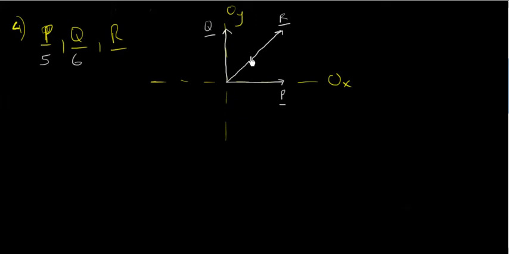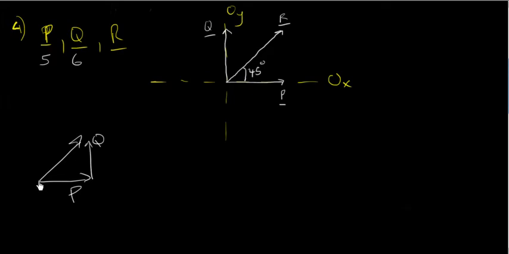Just for the record, what I'd said before would have been to add P first, and add Q. So we add P to Q, and then we get something like this. And now we have to add it to R.